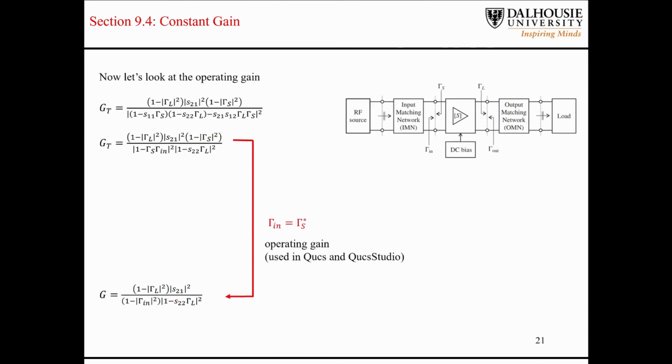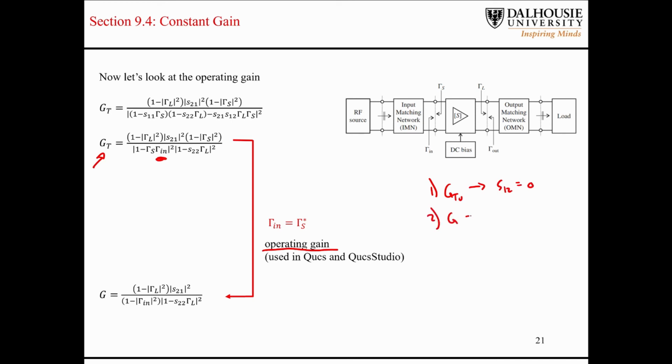So next, we can use the expression that we have for the transducer gain in terms of gamma in, and we can use this expression to derive an equation for what is known as the operating gain. Okay, so for the first one, we looked at the unilateral transistor gain, and this makes the assumption that S12 equals 0.